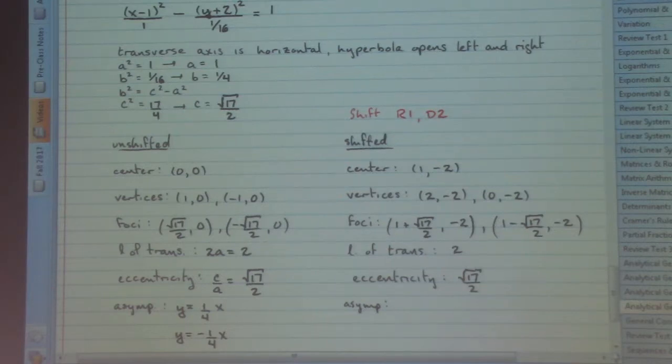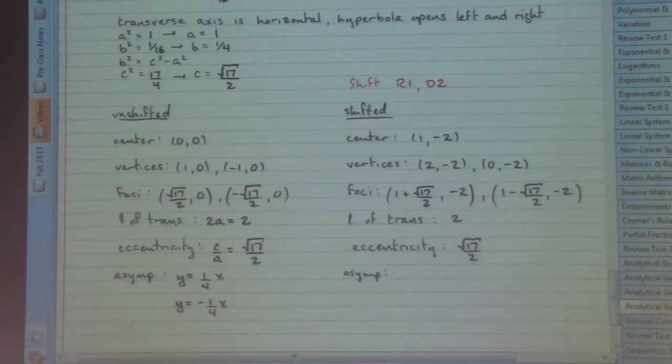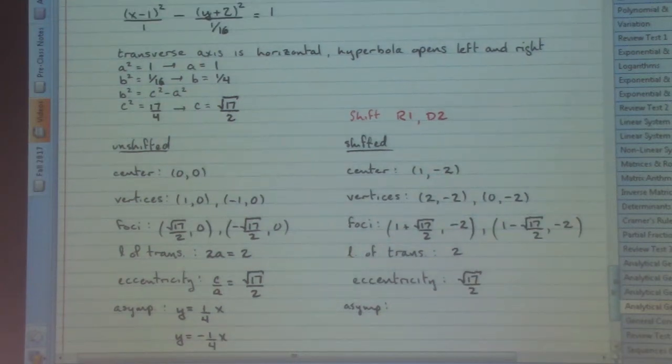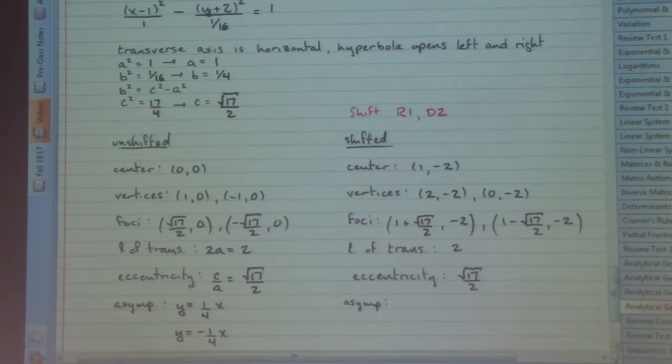My asymptotes are going to get shifted. Let me pull that equation back to the top for the moment. Instead of y, I have y plus 2. I still have the 1/4, but instead of x, I now have an x minus 1. Instead of a y, I have a y plus 2. I keep the negative 1/4, but instead of x, I have an x minus 1.